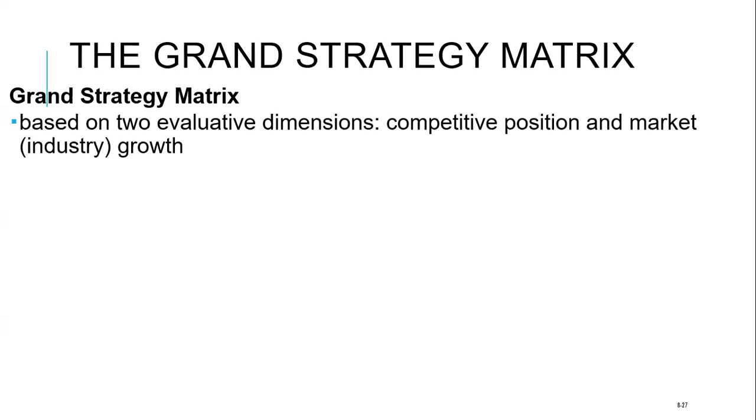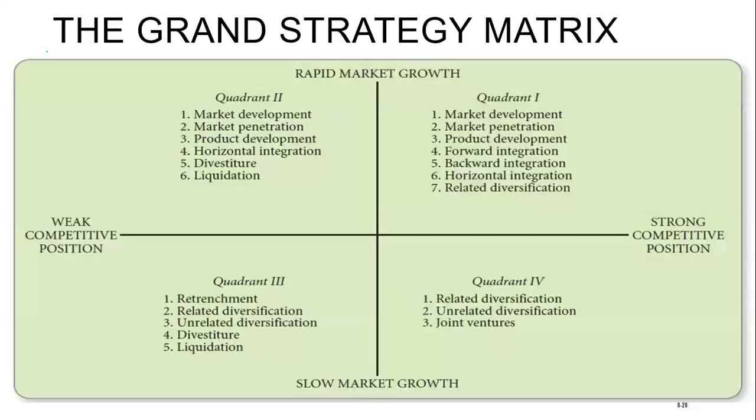So as I indicated, it has 2 main dimensions, including the competitive position dimension, which is usually on the x-axis of the Cartesian plane, and the market or industry growth rate, which is also usually on the y-axis of the Cartesian plane.